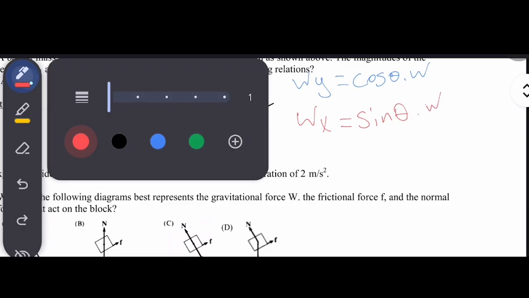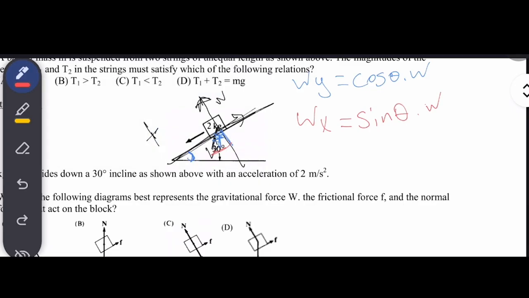And we know that our force normal is just mass times gravity, the same as our weight force, but in this case, it is not a flat surface. So our normal force is actually going to be equal to our weight in the y direction.